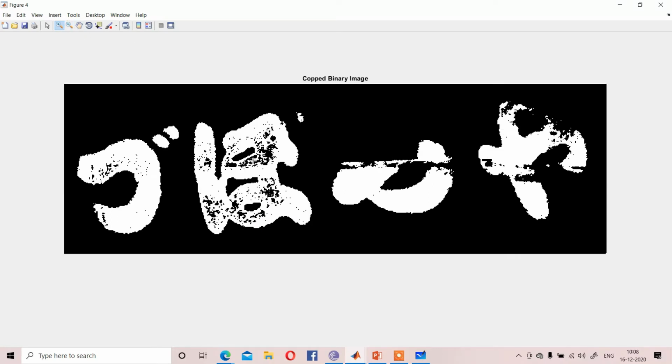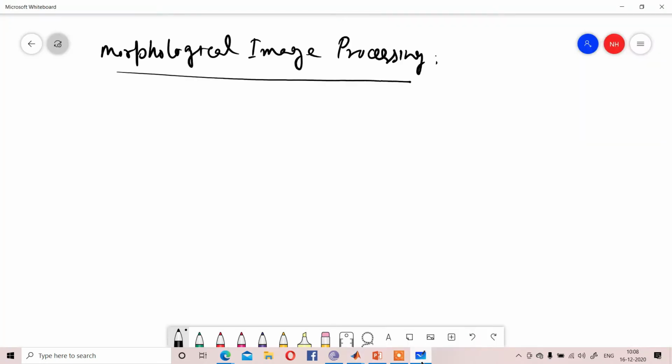That is the first case. So all the dots must be 1 inside the image, and some portion is also not available here, so you have to retrieve that portion, and also some portions are not available in that place, which you also have to retrieve. That you can do if we use morphological image processing.